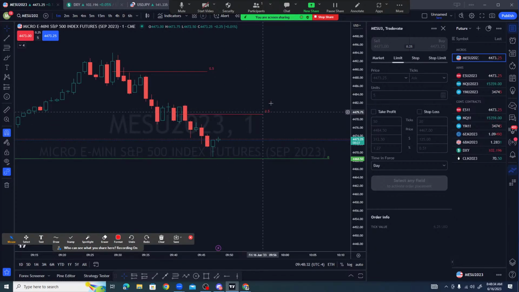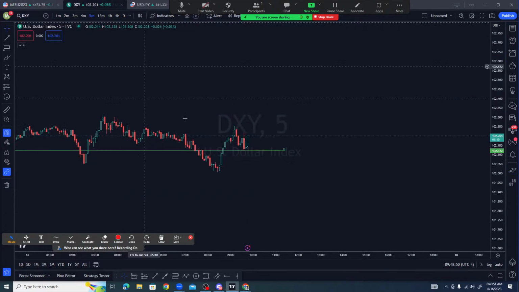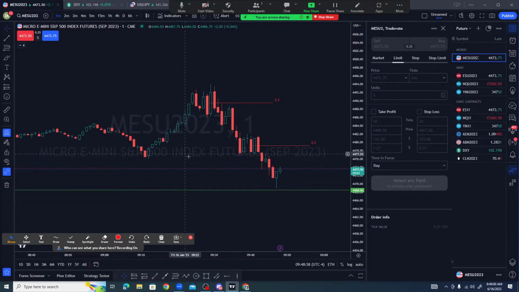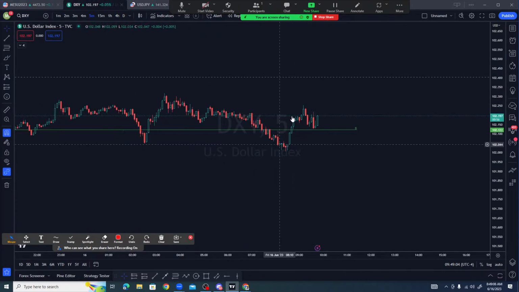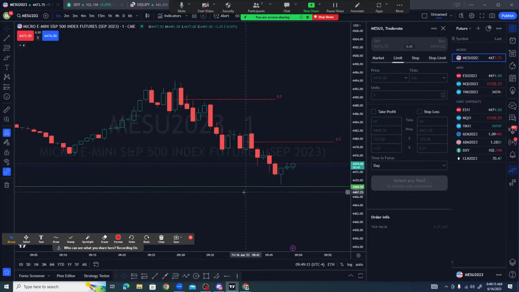Maybe we get some kind of movement and a continuation back to the highs. Dollar looks like it's bouncing off its daily and pushing. And again, it's almost like the ES has been in tandem with the dollar for a pretty good while, which is slightly confusing, so you can't really go off of that as an indicator.